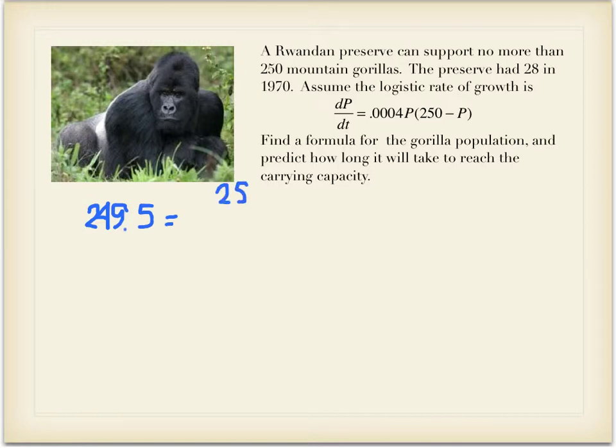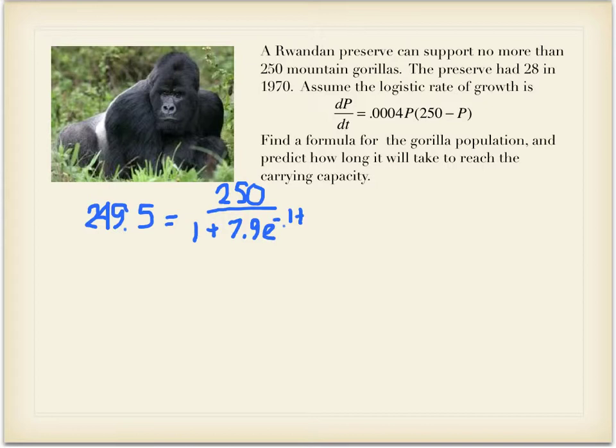So I want to put in something that's really close but not exactly equal to 250. I'm going to use that same A value that I figured out, and this is going to be e to the negative 0.1 t, like that. Now my job is really to figure out what t is.